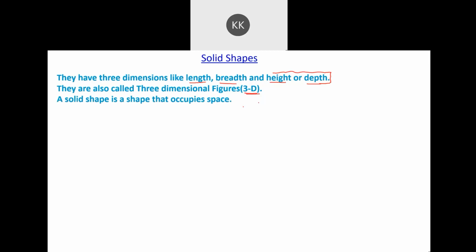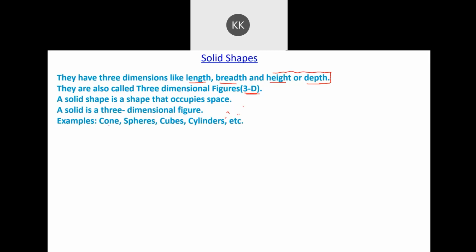These solid shapes not only occupy space, they also have area. So they have both volume as well as area. Some examples of three-dimensional figures are cones, spheres, cubes, cylinders, etc. These are the solid figures.